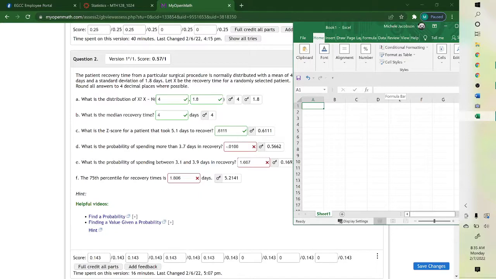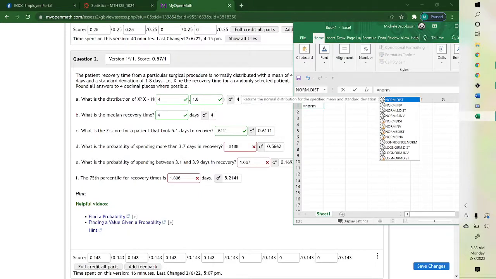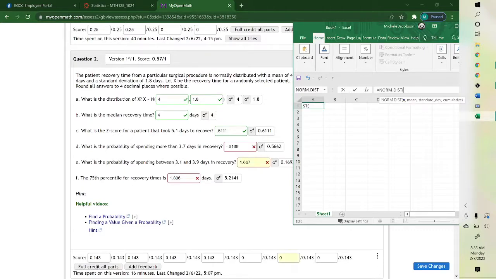Come over here, put equals, norm, and we're looking for the percent, so we'll do distribution. Our x value was 3.9, comma, the mean is 4, standard deviation 1.8, comma, and then 1, because it's cumulative.